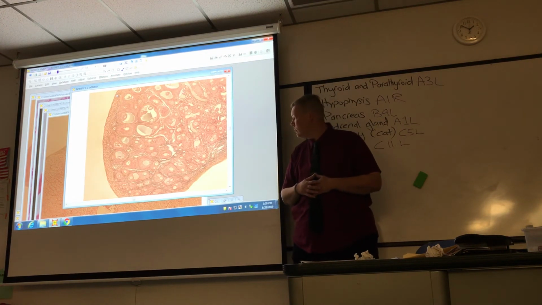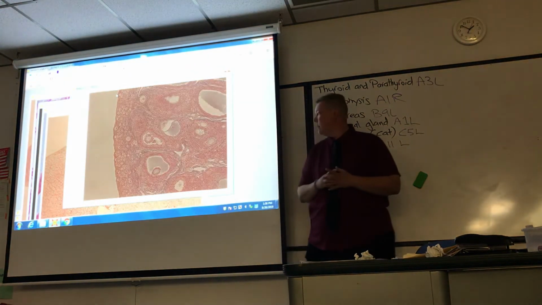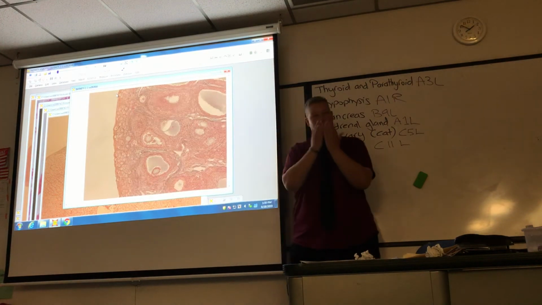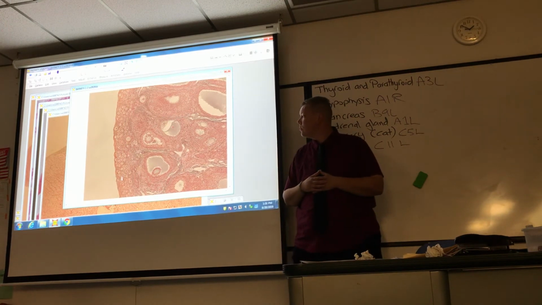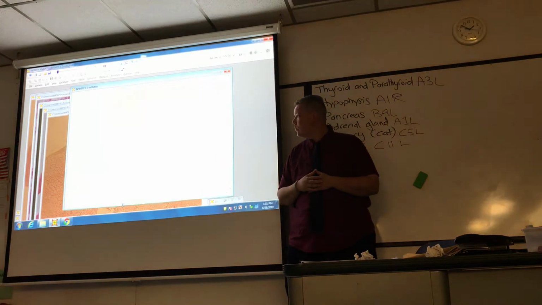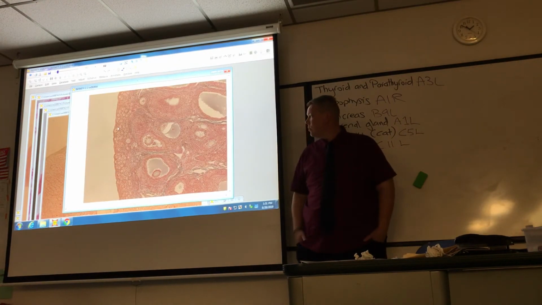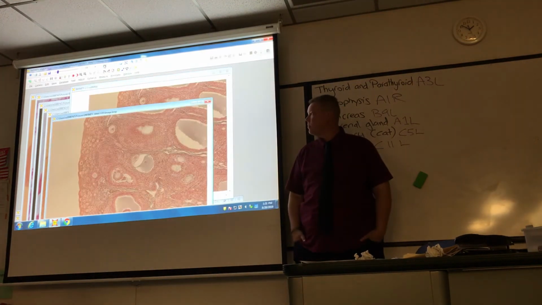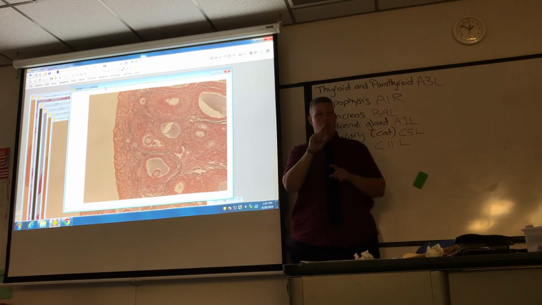Okay, I'm going to go to medium magnification here, 100x. We'll look at the edge. That's cool, I'll take a picture of that. Okay, let's see the different follicle types that we just learned about.